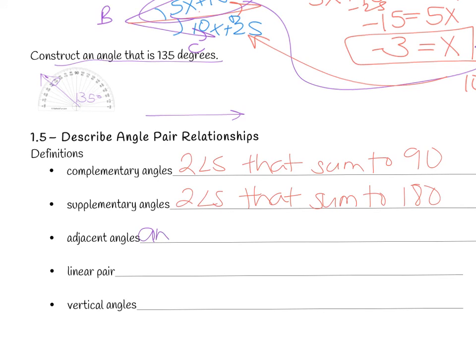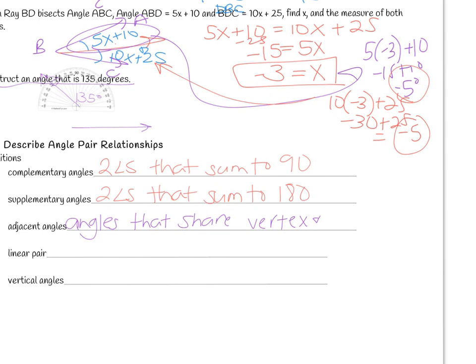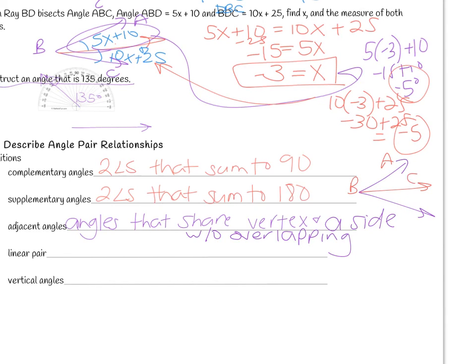Adjacent is angles that share a vertex and a side without overlapping. So these two angles, angle ABC and CBD, are adjacent angles. Linear pair are angles that form a straight line.